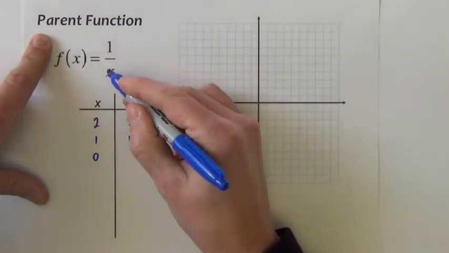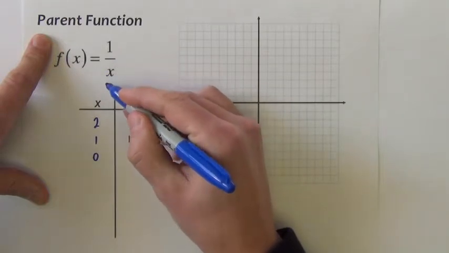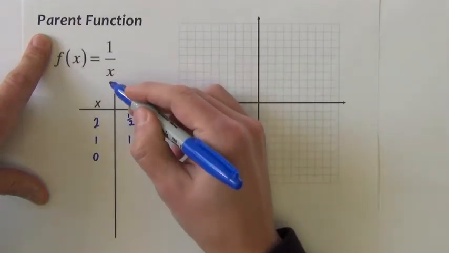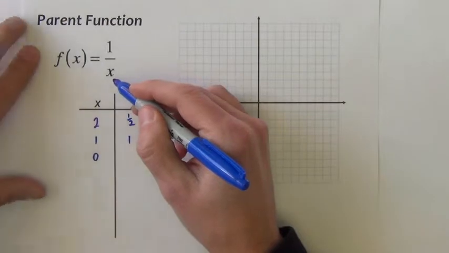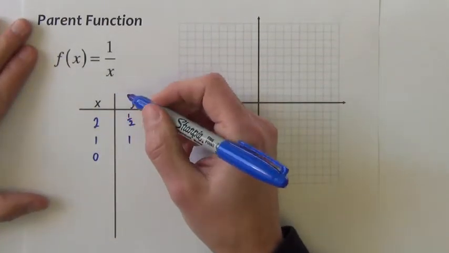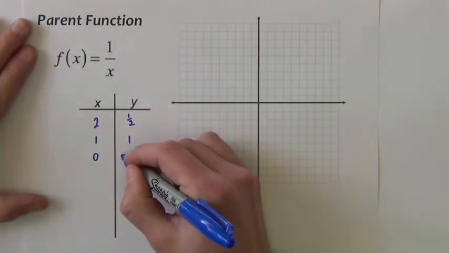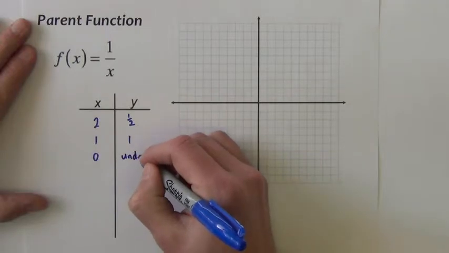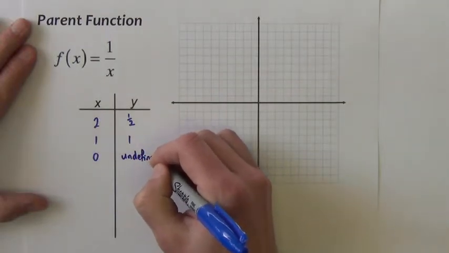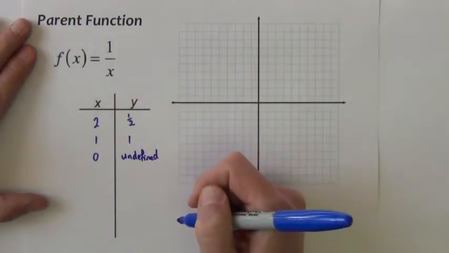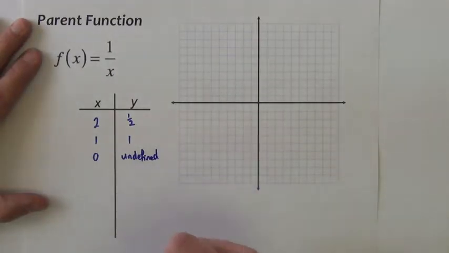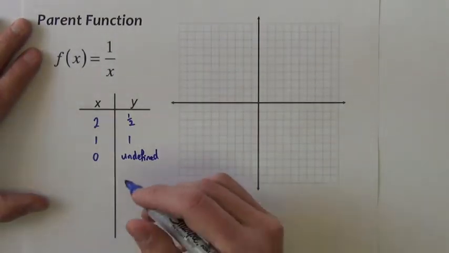When x is 0, well, what happens there? We have 1 divided by 0. We all should know that we're not allowed to divide by 0. So, in fact, this is undefined. We'll talk more about what that means on the graph in just a moment.